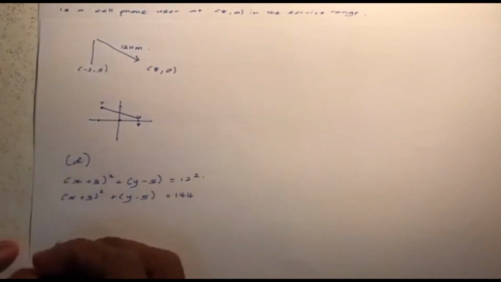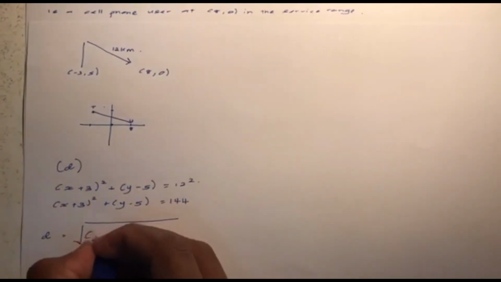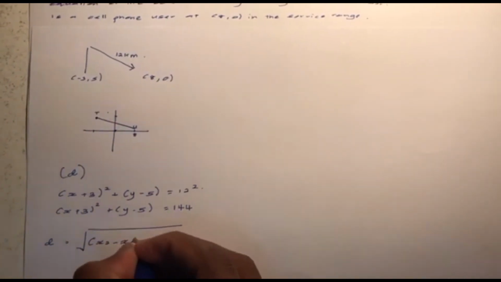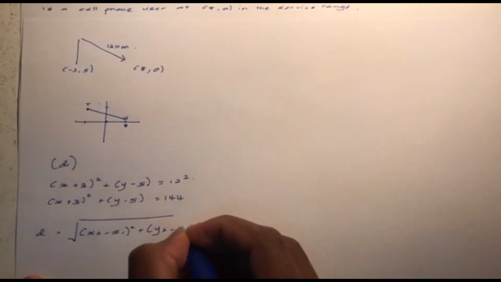Now we have to find the distance between the tower and the user. To do that, you just use the general distance formula, a very simple one from Form 5: the square root of (x2 minus x1) squared plus (y2 minus y1) squared. Just fill it up.